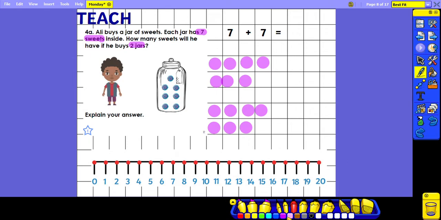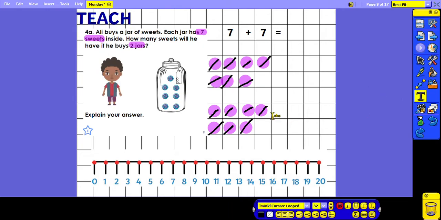And then count up how many there are in total. 1, 2, 3, 4, 5, 6, 7, 8, 9, 10, 11, 12, 13, 14. So I know that 7 add 7 is 14.